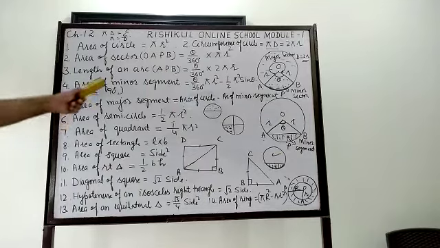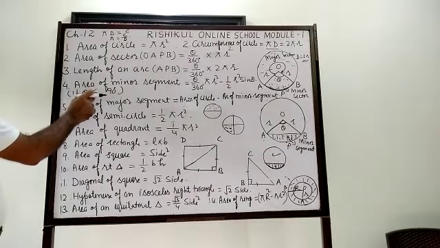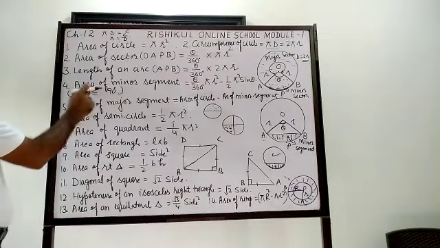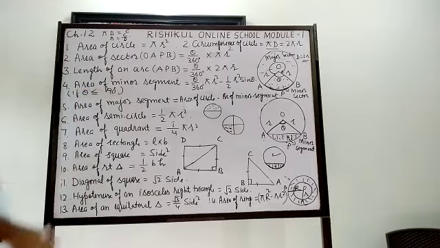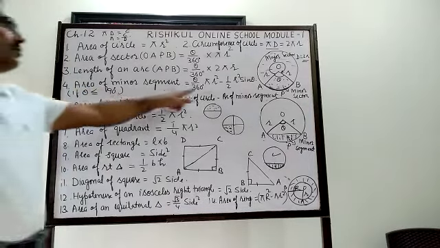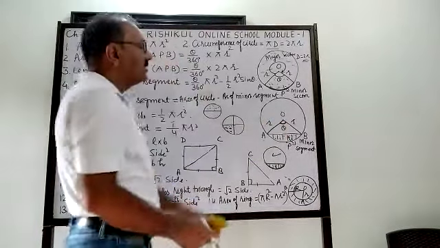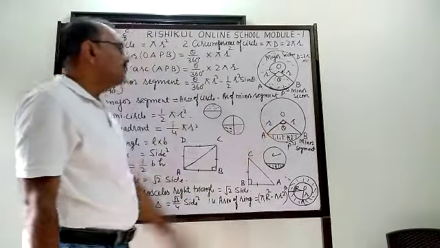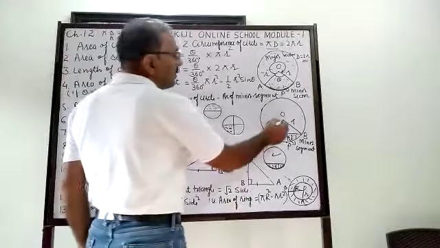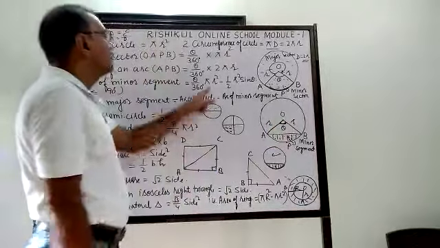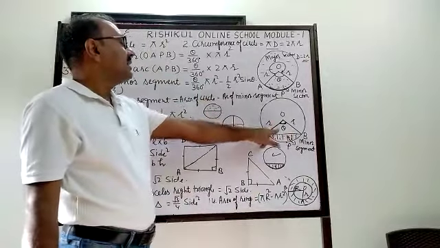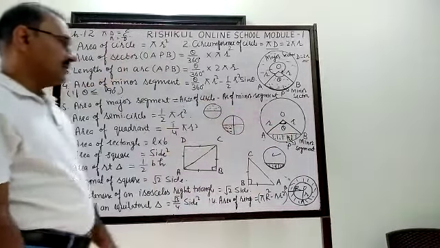So for the area of the minor segment, if theta is less than or equal to 90, you can put it here. If theta is 90 degrees, then it is a right angle triangle, so you can write theta upon 360 pi r square minus the right triangle, half of base into height.